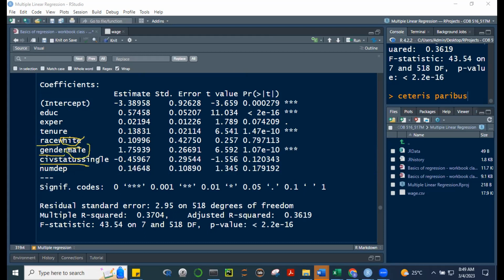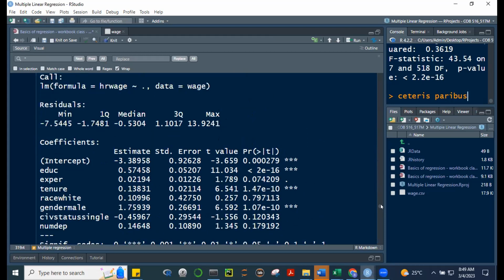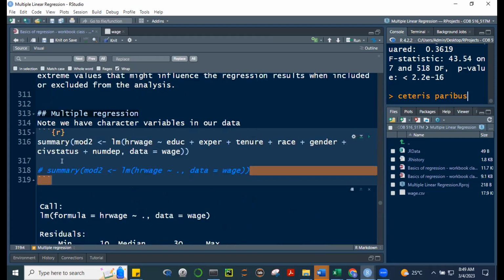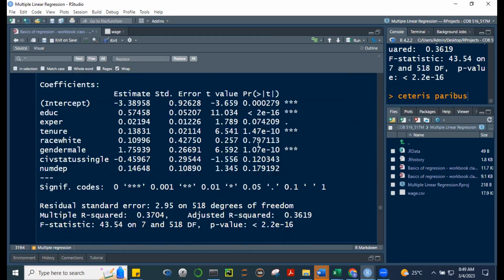Male here is affixed and single here is affixed. What happened here? Isn't it that our parameters, our variables, are race, gender, and civil status? So why am I now having race white?